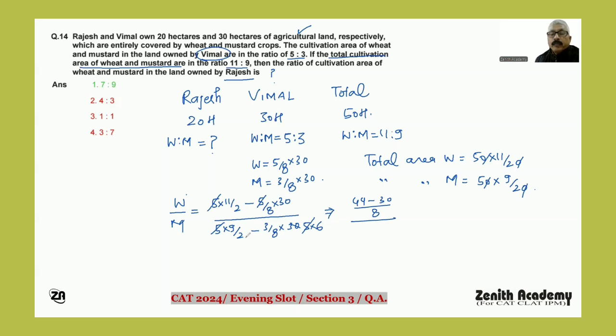And here 4 से multiply कर दीजिए. So it is 36 minus 3 into 6, 18 by 8. It is cancel. 44 minus 30 means 14, and here 18, 2 सात जा, 2 नौ जा. So this is with Rajesh, and answer is 7 is to 9.